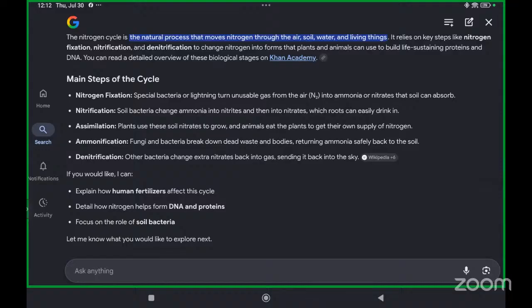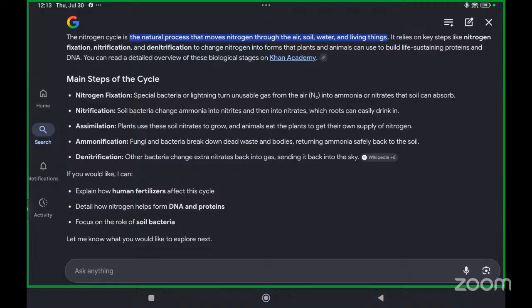Then there is a process called assimilation. Plants use this soil nitrate to grow, and animals eat the plants to get their own supply of nitrogen. Ammonification: fungi and bacteria break down dead waste and bodies, returning ammonia safely back to the soil. Then a process called denitrification.